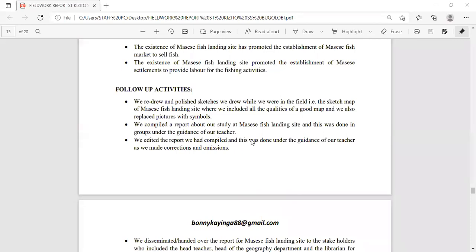Our teacher organized us in two different groups in order to ensure group study of geographical features, and each group was assigned a task to do. For example, group one was to find out the location of Mbuya Hill. We sought permission from the school administration for our fieldwork study.